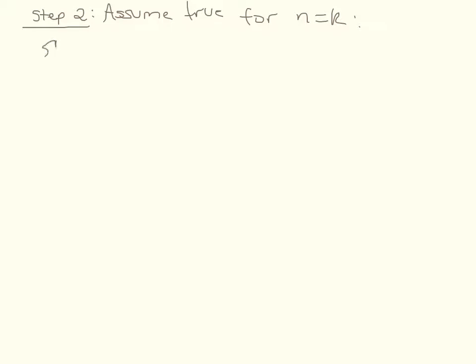So what our assumption is from r equals 1 up to k now, of x to the r minus 1, the sum of that equals 1 minus x to the k on 1 minus x. So that's going to be our assumption into part 3. That's in k.